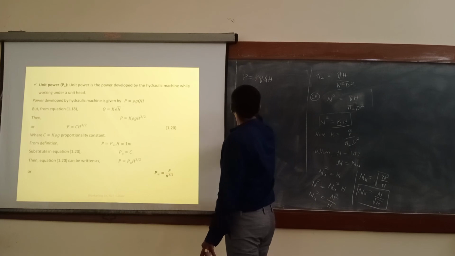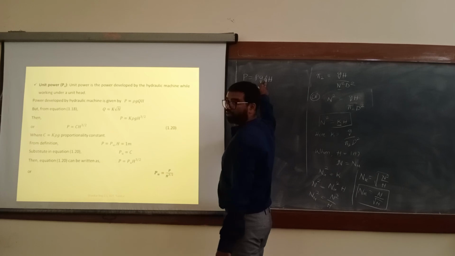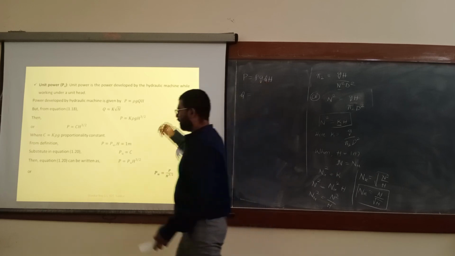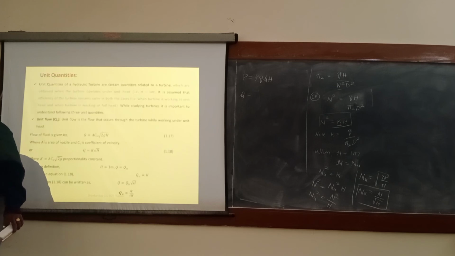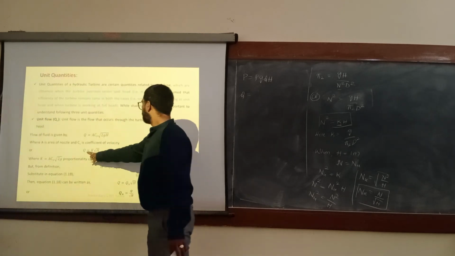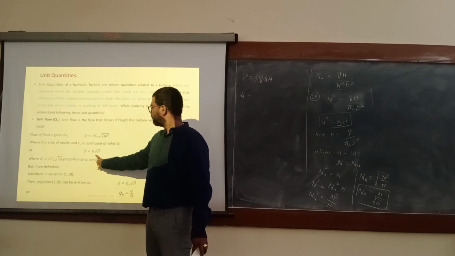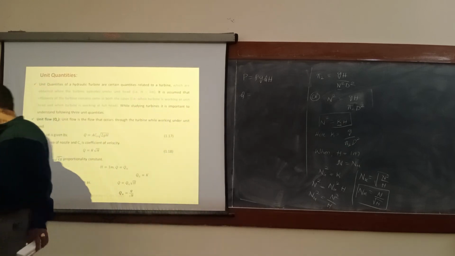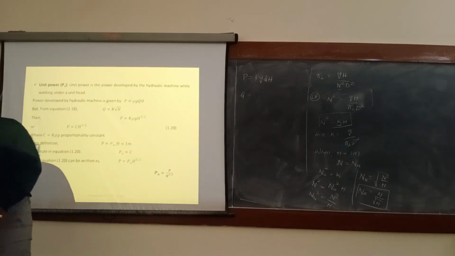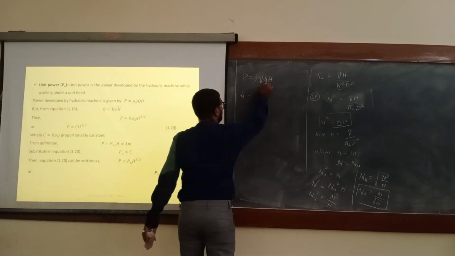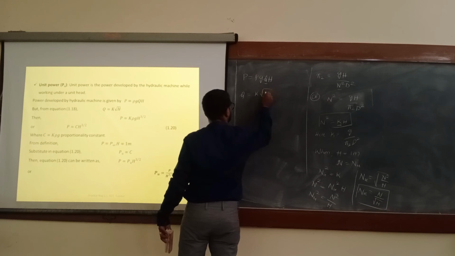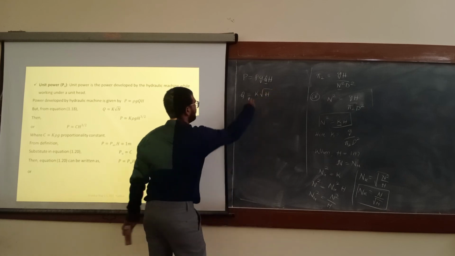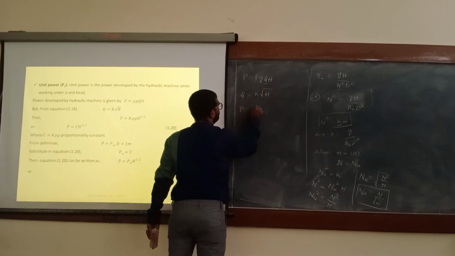But here we have one more relation. Instead of Q, here we need to eliminate the value of Q. In the unit flow equation, we have Q is equal to K into root of H. So in this equation, in place of Q, we will substitute K into root of H. Then what is the power equation?